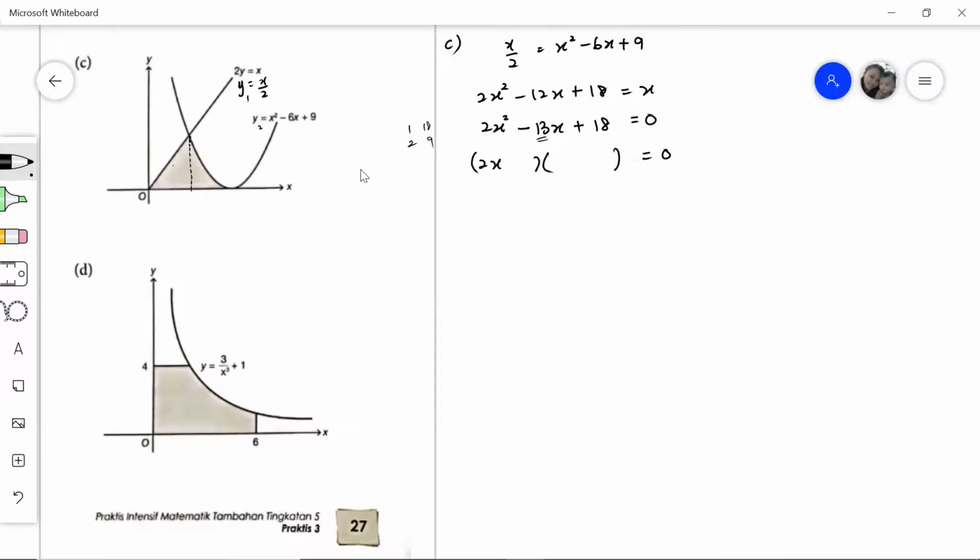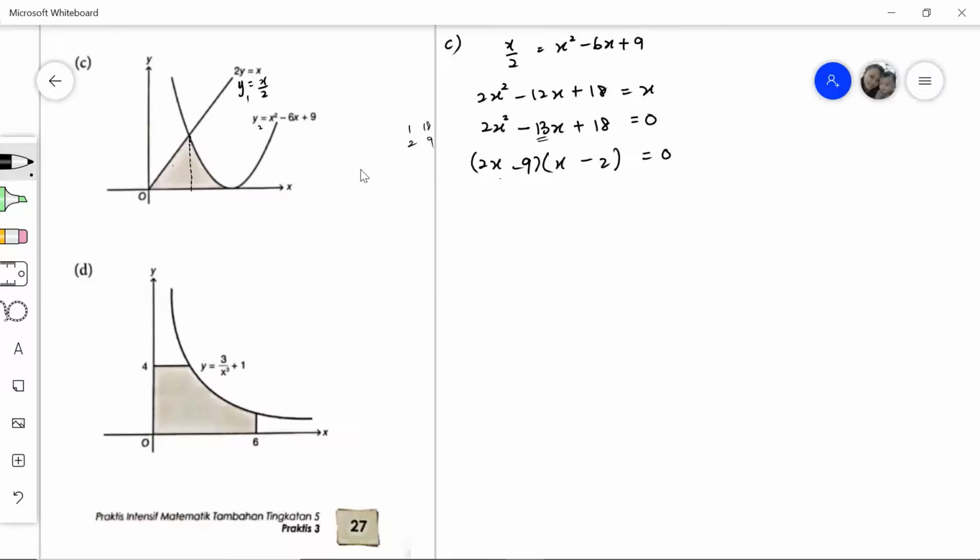Just use 2 and 9, whereby the 2 is here, 9 is here. Double check. The inner pair is negative 9x. The outer pair is negative 4x. Same sign, we find the sum, it gives us negative 13x. And negative 2 times negative 9, we get positive 18. So this is the correct factorization.